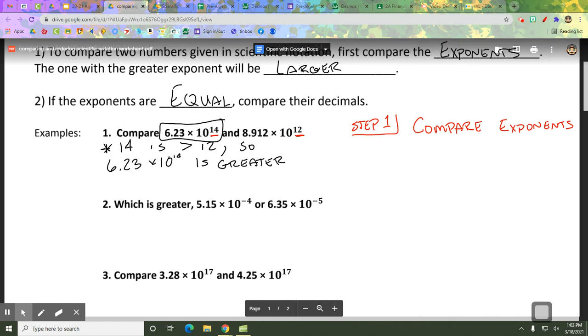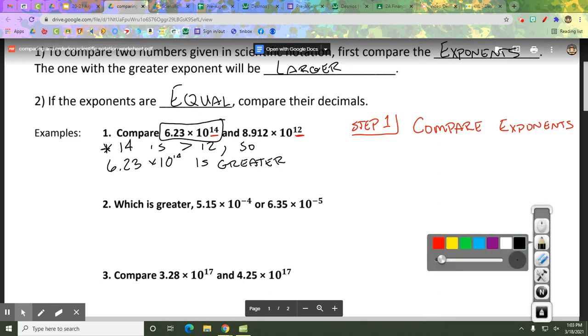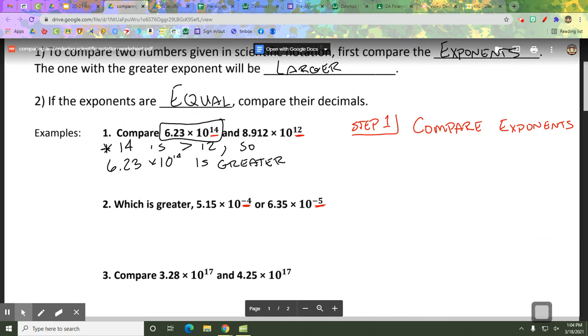So number 2, what we're going to do is look at the exponents first. -4 and -5, which one of those numbers is larger? -4. Okay, we're determining larger. Think about the number line. If something's closer to 0, then that number is going to be larger when it's on the negative side.